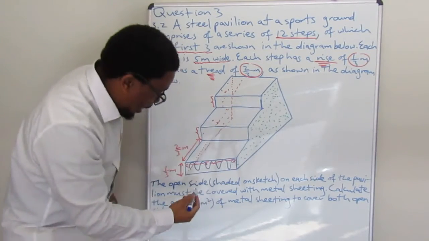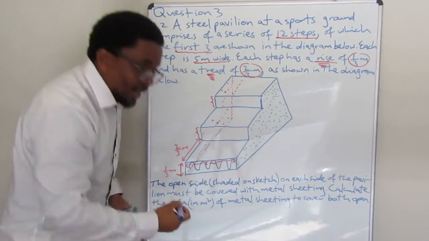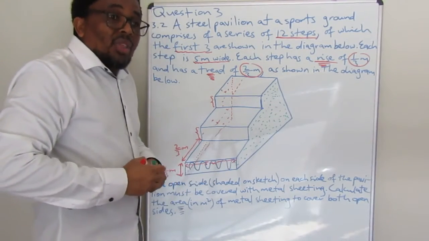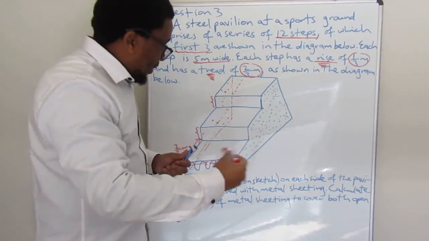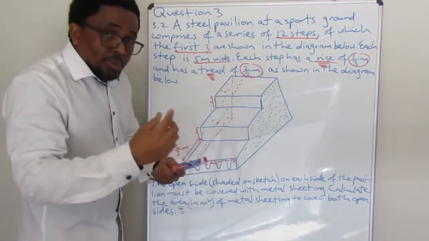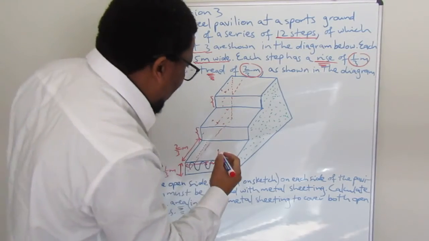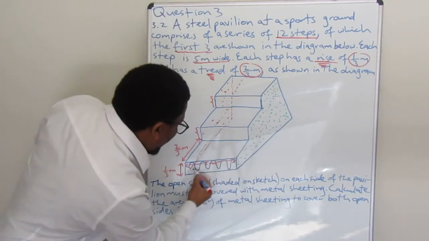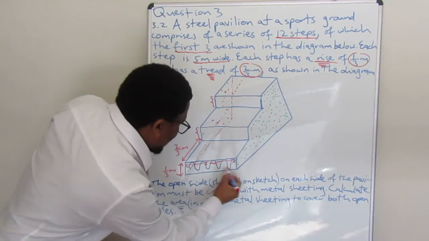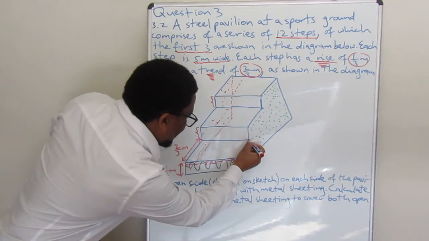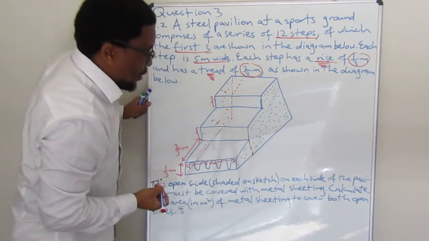Right? And then here it's the area. I know that my area is given by length times what? Times breadth. Right? So, to make it easier for myself, if I look at my first step, it ends somewhere there.